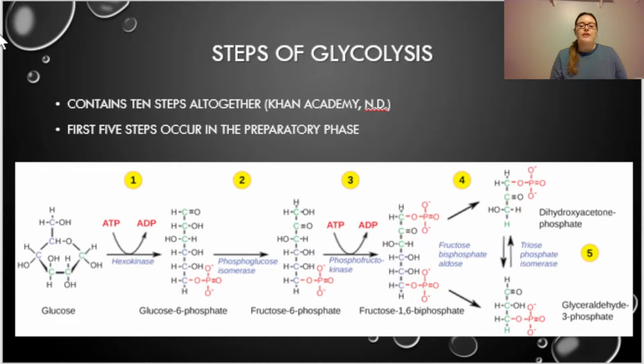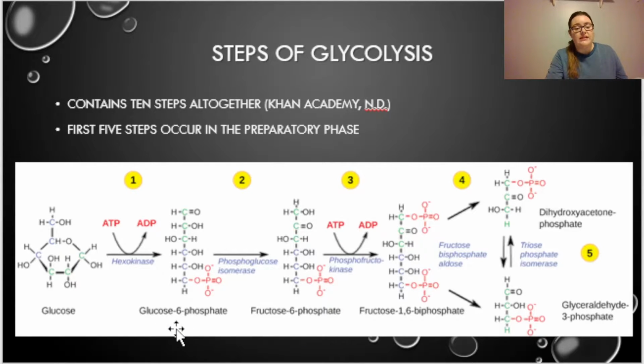So in regards to the individualized steps, glycolysis contains 10 steps altogether, and the very first 5 steps occur within that preparatory phase, within the energy requiring steps. And so step number 1 is whenever this glucose molecule is converted to something called glucose 6-phosphate because of the phosphorylation of this glucose molecule, because a phosphate is added onto the glucose and is bonded to the 6th carbon atom.